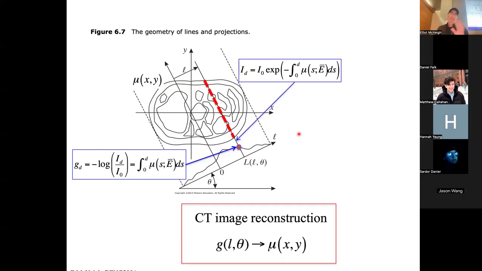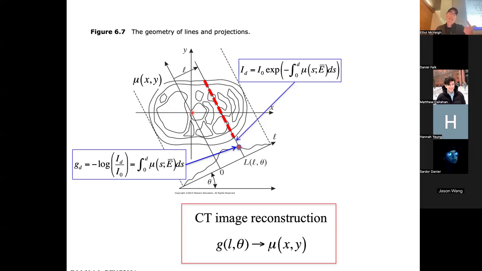And we've set it up mathematically such that we parameterize the data that we're obtaining with an angle theta, which is the projection angle through our object. So as theta goes here, we get different projections through the object. And L is the distance of this projection line from the origin.